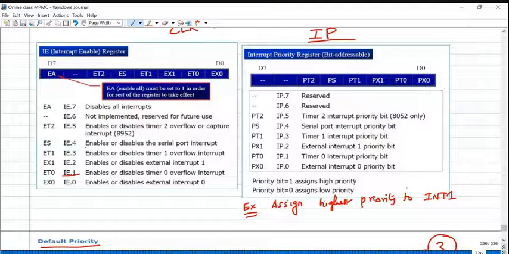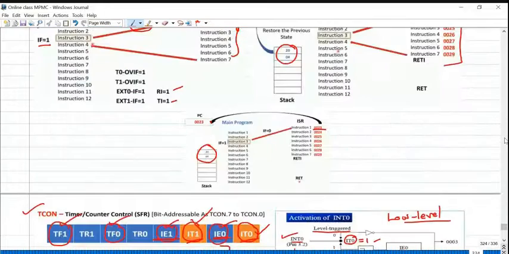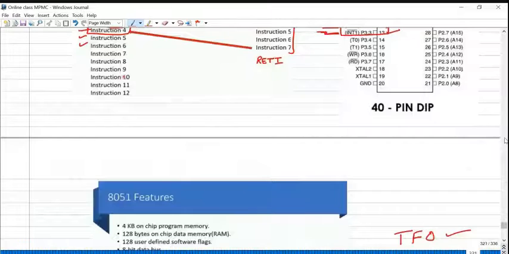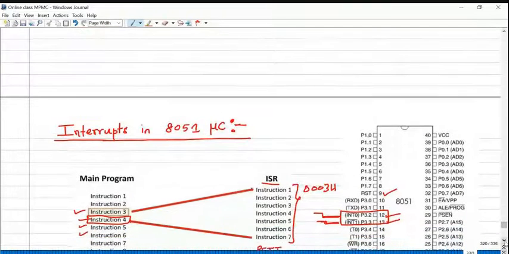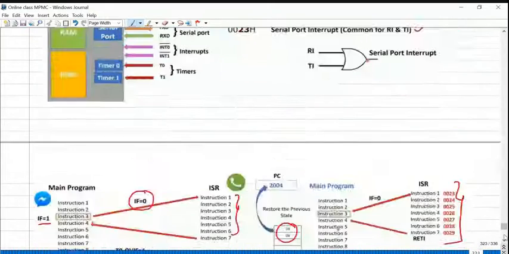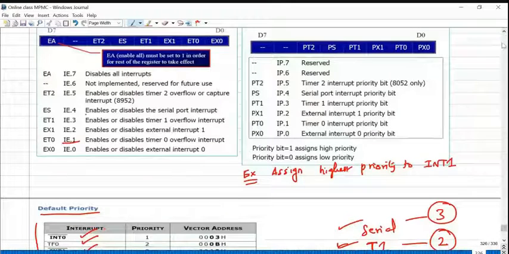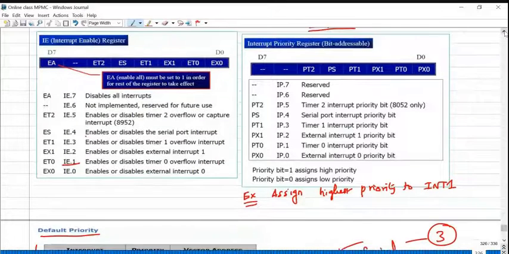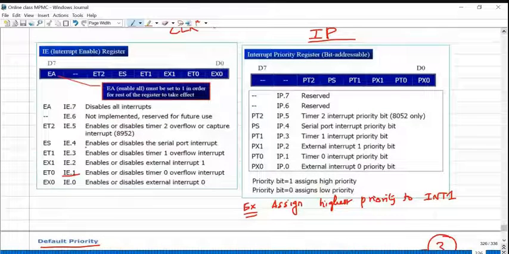Which bit corresponds to INT1 here? INT1 means external interrupt 1; look at the pin diagram. INT0 is usually the highest priority, but I want to make INT1 the highest priority using the interrupt priority register.